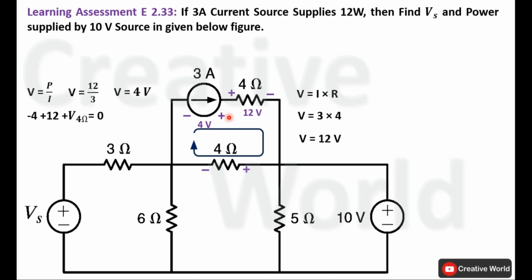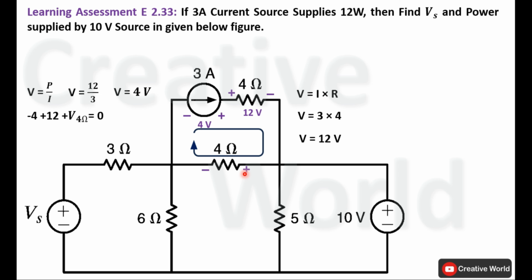The KVL equation for this closed loop circuit will be, we will start from this constant current source. Current entering terminal is negative, so the voltage across this constant current source will be taken with minus sign, minus 4. Next is the 4 ohm resistance. Current entering terminal is positive, so voltage across this 4 ohm resistance will be taken with positive sign. Move towards the next 4 ohm resistance.